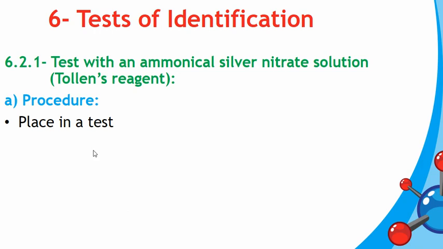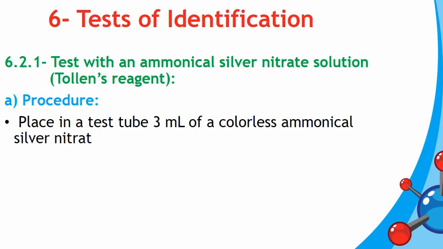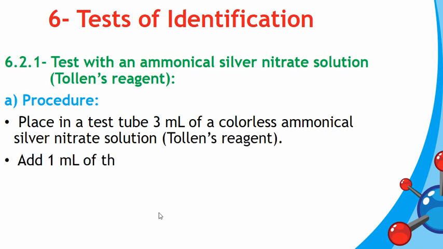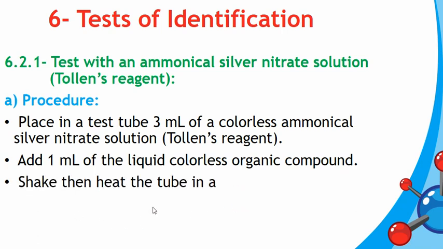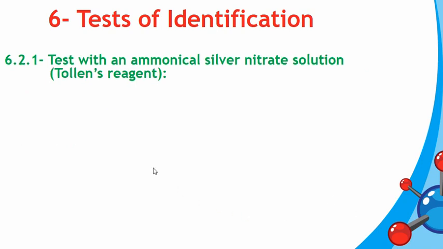Procedure: place in a test tube 3 ml of a colorless ammoniacal silver nitrate solution, Tollens' reagent. Then add 1 ml of the liquid colorless organic compound, which is aldehyde or ketone. Shake, then heat the tube in a water bath at 50 degrees.